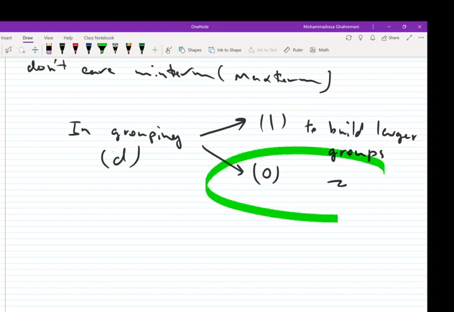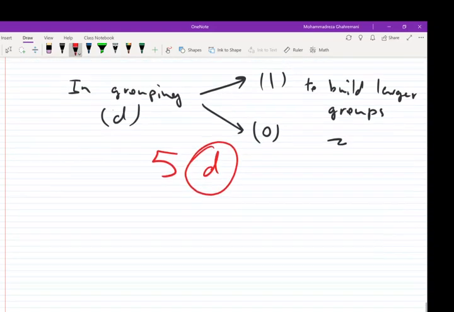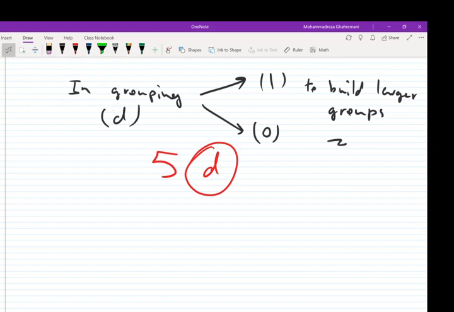If we are grouping zeros, we can consider some of them zeros to build a larger group of 0. One thing, if we have five don't cares, we don't have to consider all of them as 1 or as 0. We can consider as many as we need as 1 and as many as we need as 0. Okay, because they can get any value.